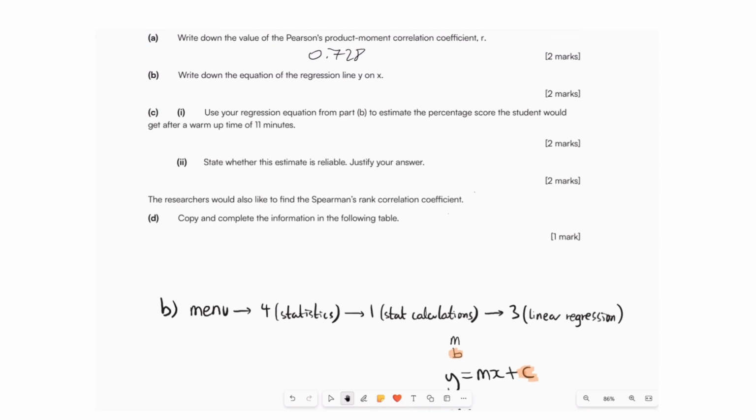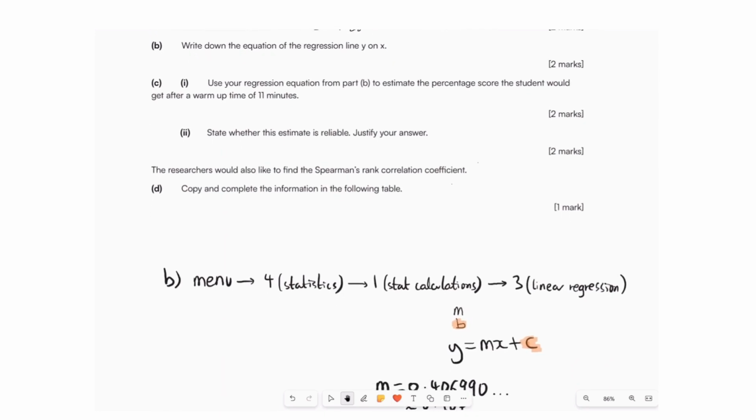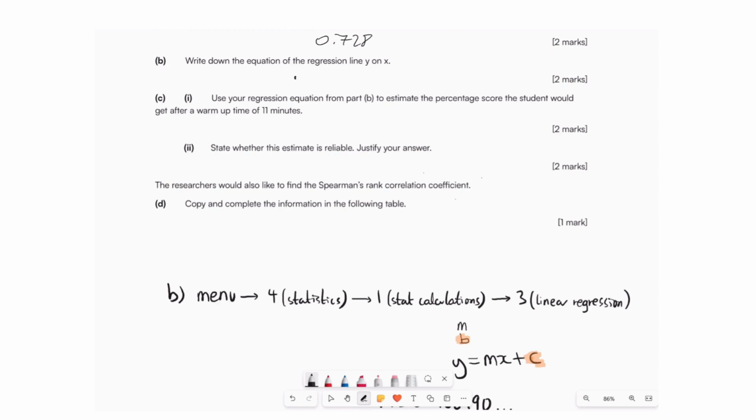Now, the question is write down the equation of regression. So all we got to do is piece that together. Y is equal to 0.407x plus 41.6. And that's it.